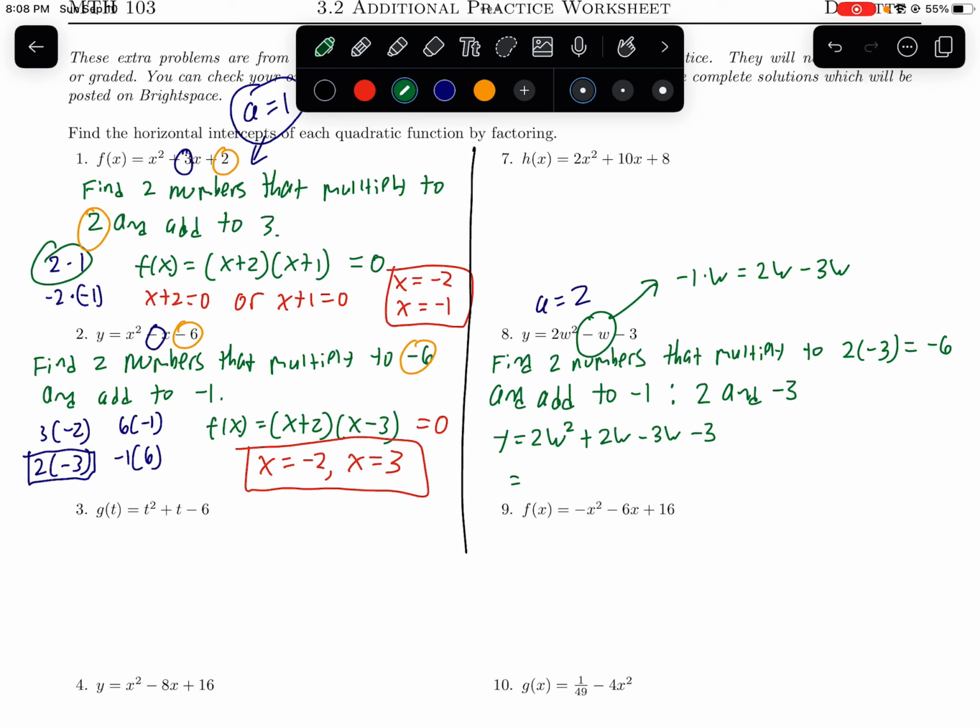And the motivation for doing that is now we can factor out the greatest common factor, which from the first two would be 2w. So we can rewrite the first two as 2w times w plus 1. And then we can rewrite this by taking out the greatest common factor, which would be 3, as actually -3. So minus 3 times w plus 1, like this.